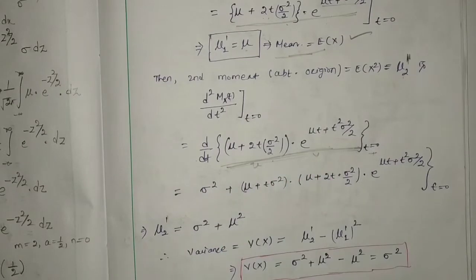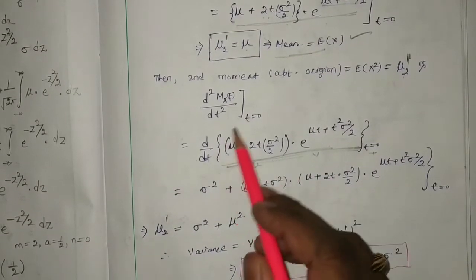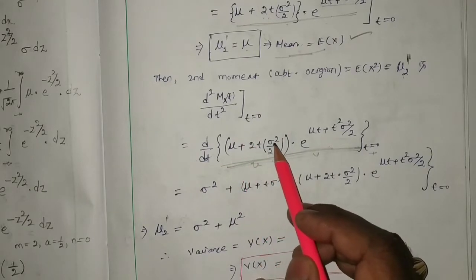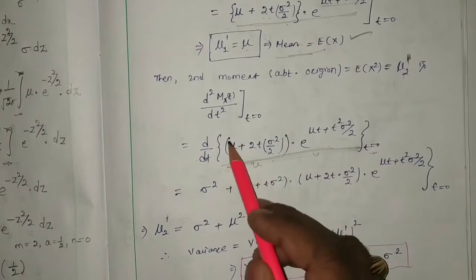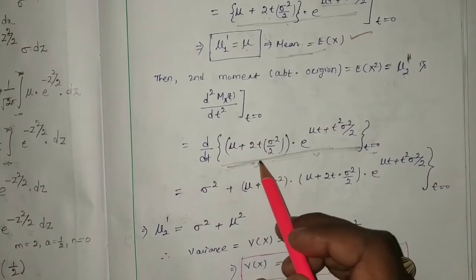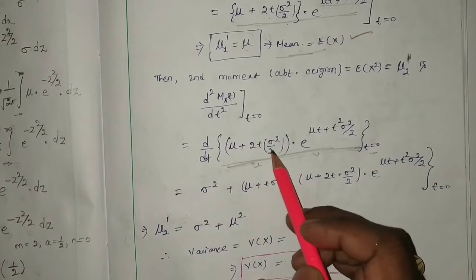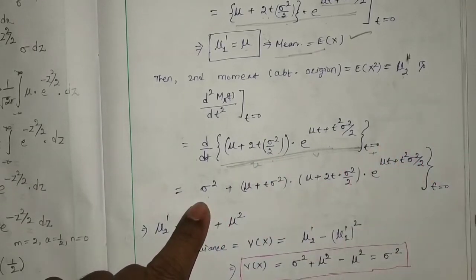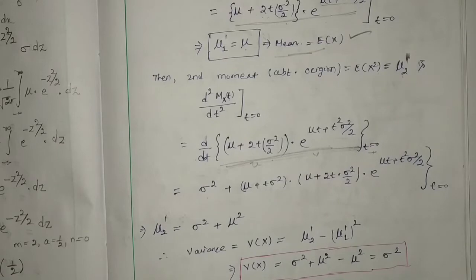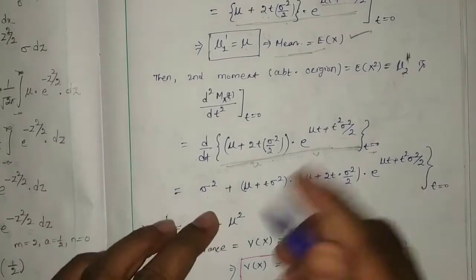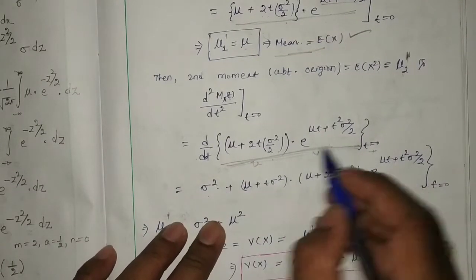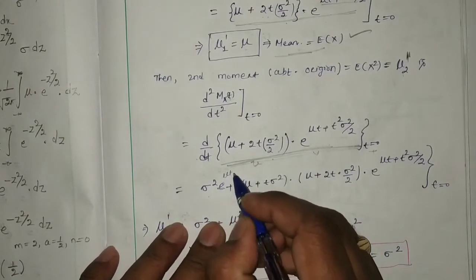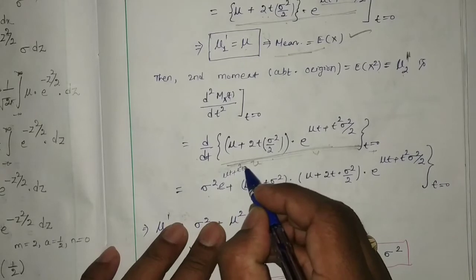First we have to differentiate this term, mu plus 2t sigma square by 2. So mu is constant, it will be 0, and in the differentiation of this one, see here the 2 got cancelled. With respect to t we are going to get sigma square, and here I forgot to write, this has to be here, e to the power mu t plus t square sigma square by 2.